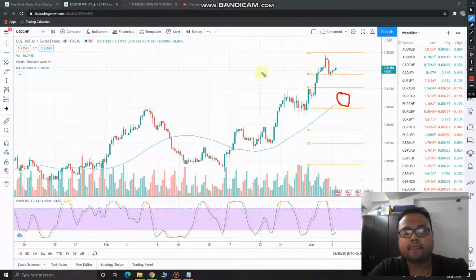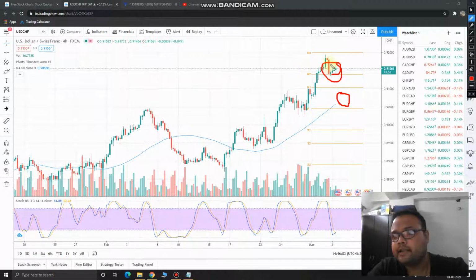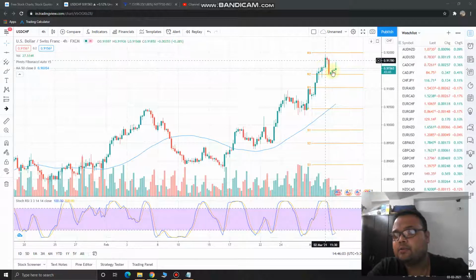Okay, so you can see that right now it has taken support at the pivot line, and it has made a big candle. Before that it has made a big red candle. Can you see that? So this red candle also we cannot avoid.